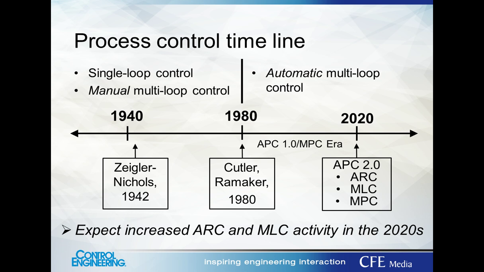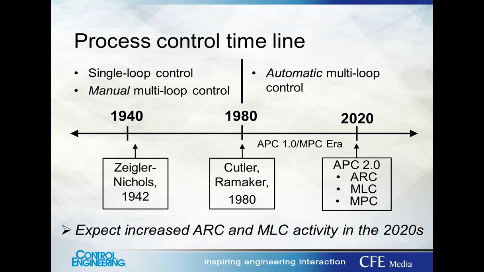You could say that Ziegler-Nichols in 1942 began the era of detailed loop analysis and precision calculated controller tuning. But until the 1980s, process control remained almost exclusively a single loop discipline. The control systems technology to do automatic multi-loop control, for the most part, simply didn't exist yet.